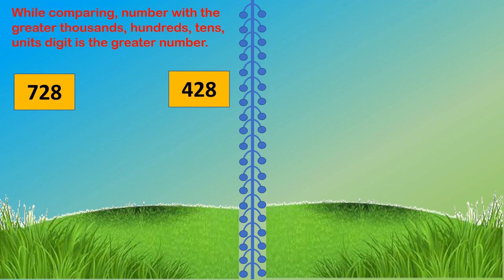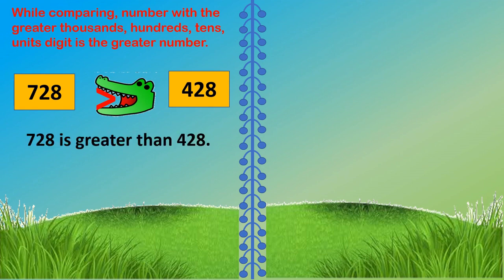We can easily make out that 728 is a bigger number. So 728 is greater than 428. We write it like this and put the sign pointing towards the bigger number.